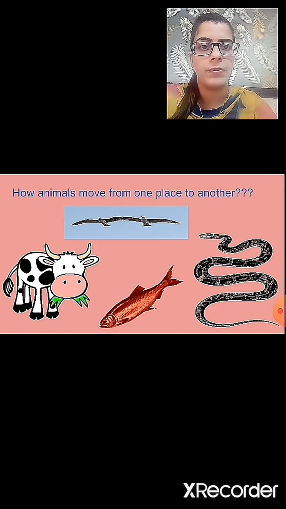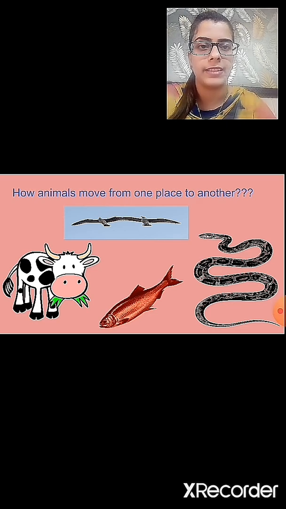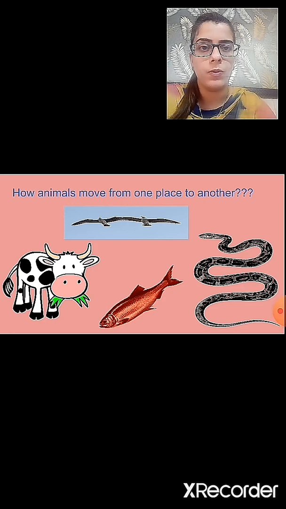Birds use their wings to fly in the sky. Fish swims in the water. Snake uses its whole body, and the movement that is shown by the snake to move from one place to another is known as slithering. Some of the insects also crawl to move from one place to another. So, the different movements and the different body parts are used by the different animals for their movement.